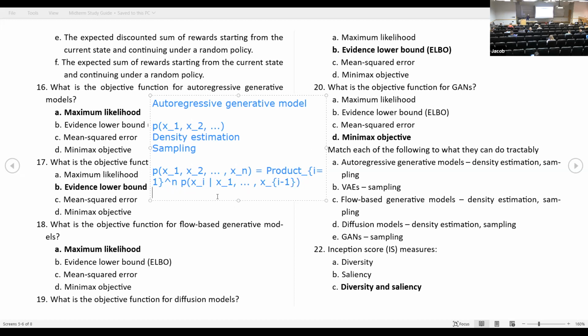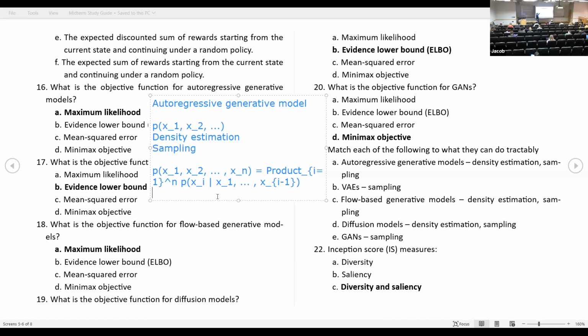And so basically, if we translate this into the transformer setting, and we want to do density estimation or sampling for a sentence, our x1, x2, all the way through xn will be words. So someone give me a sentence. How are you? Okay, so how is x1, are is x2, you is x3.